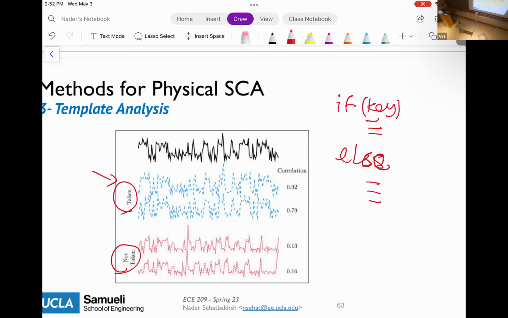If the key is equal to 1, take the if; if the key is equal to 0, take the else. What I really want to know, by seeing this pattern, is whether this is a taken branch or a not taken branch. So I'm going to run lots and lots of these pairs and collect lots of these signals. For example, the blue ones are when the branch is taken, and the red ones are when the branch is not taken.